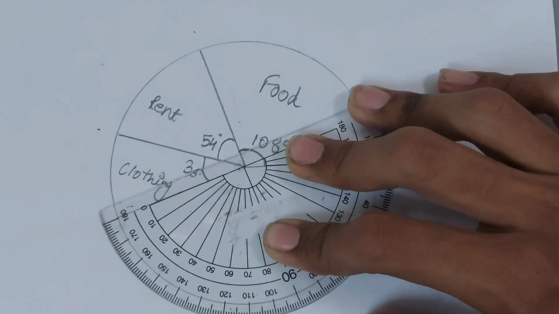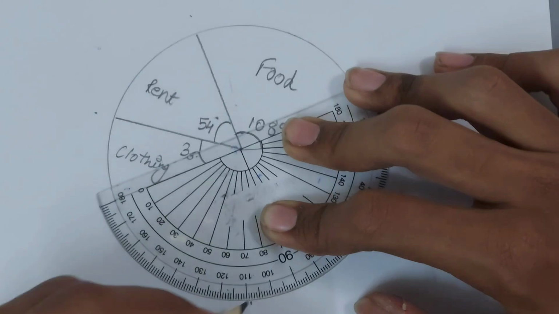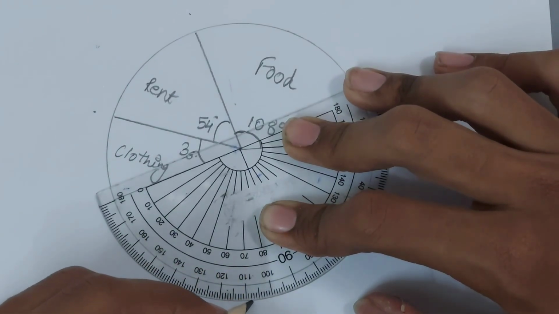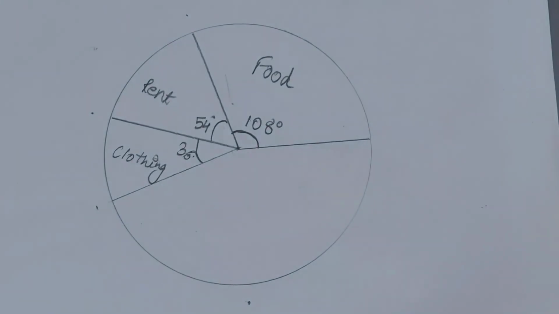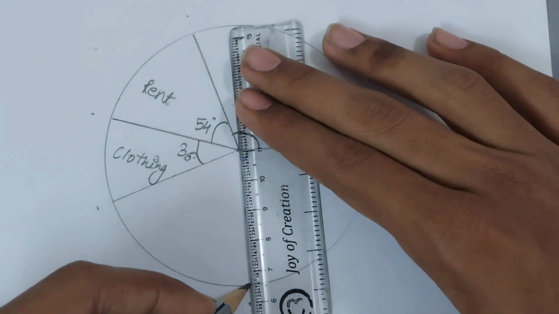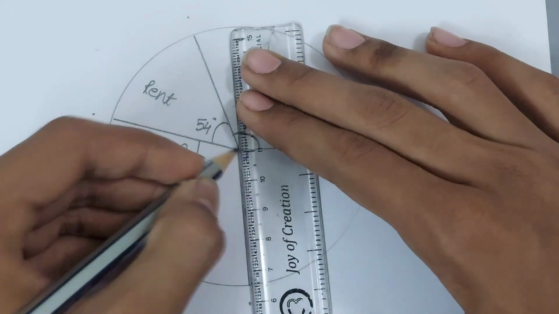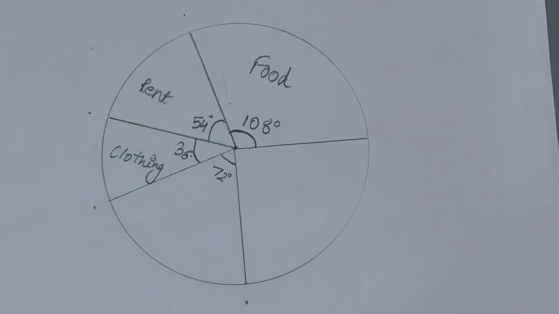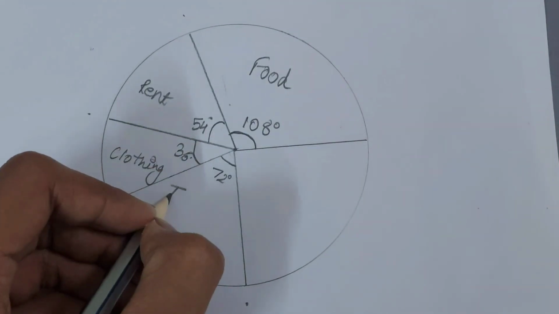I'll show it here. Can you see it? 70 here on the inner scale, and then 1 more and 2 more. So that is 72. And then if you join this, you will get whatever you want. This is 72 degrees. What is 72 degrees representing? It is representing transport.